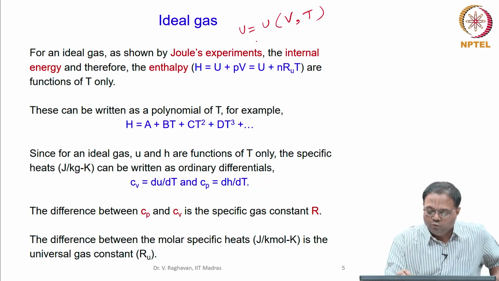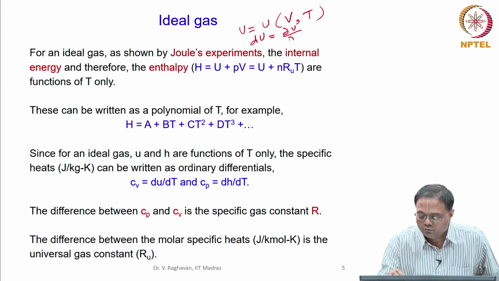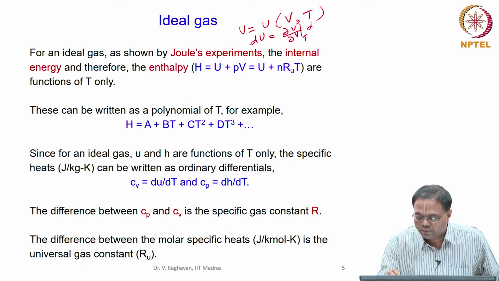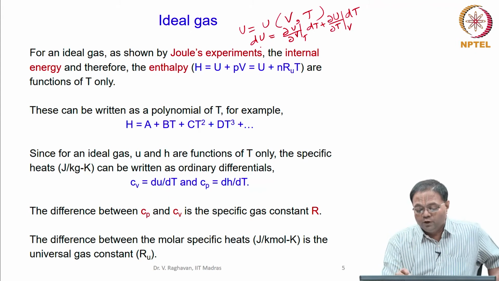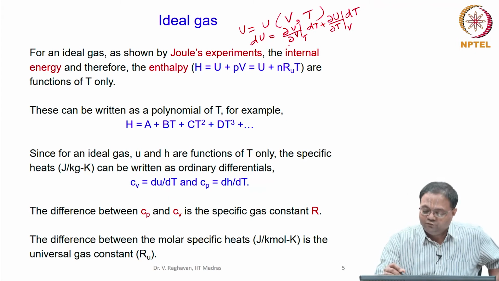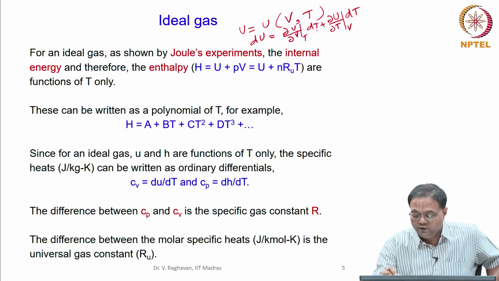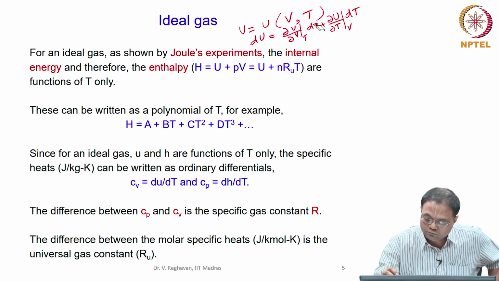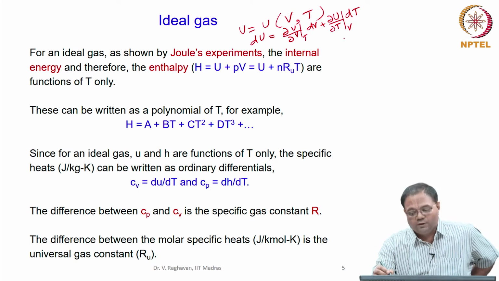So this means that when you want to find the change in U, you have to write this as dU equal to the rate of change of U with respect to V when temperature is held constant times dV, and the rate of change of U with respect to temperature when V is held constant times dT.